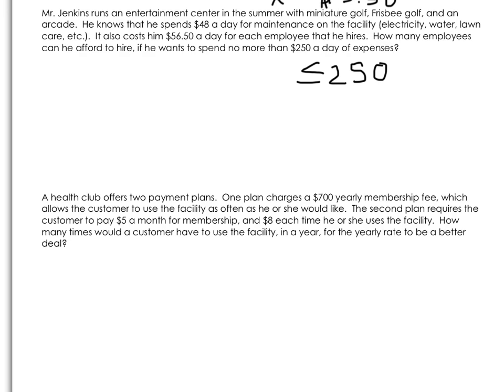He spends $48 a day for maintenance, and he spends $56.50 a day for each employee. Let's call that x. So this is our relationship. We want this 48 plus 56.50x to be less than or equal to 250.